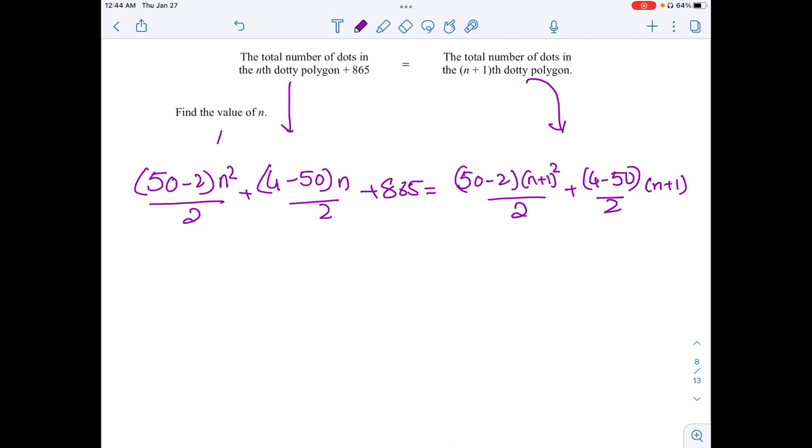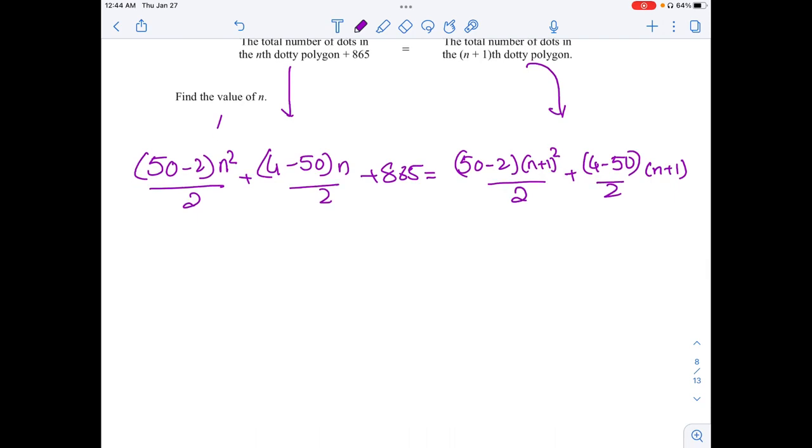So what does that become now? 50 minus 2 is 48, so 24 n square, minus 46 upon 2, so minus 23 times n, plus 865 is equal to, again, 24 times (n+1) whole square minus 23 times (n+1).